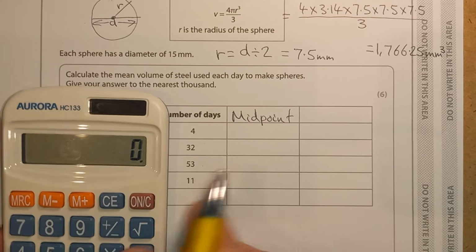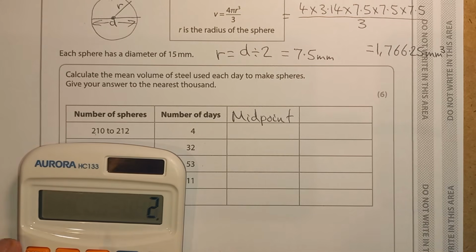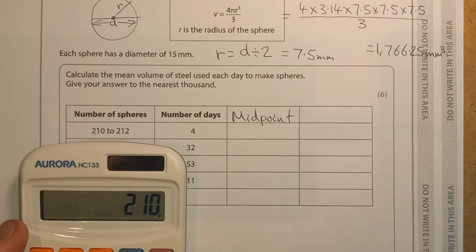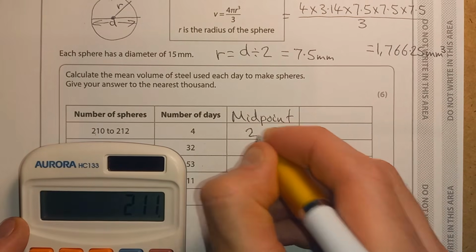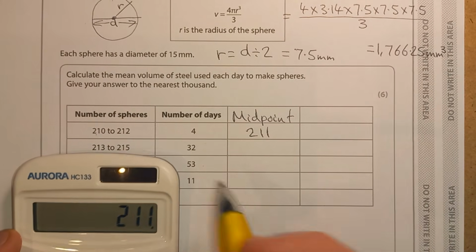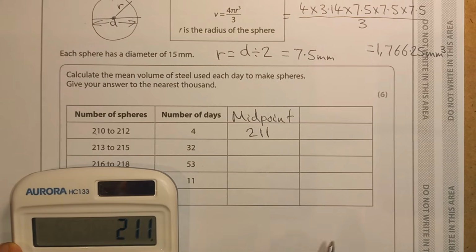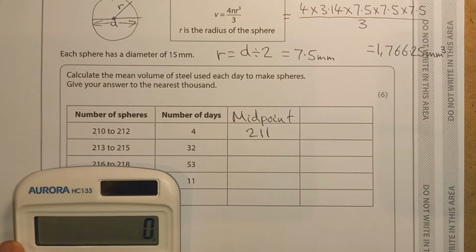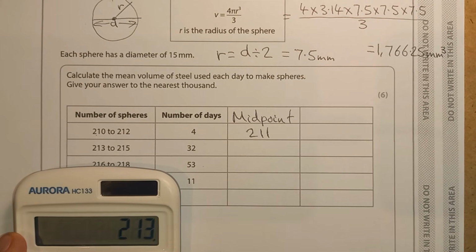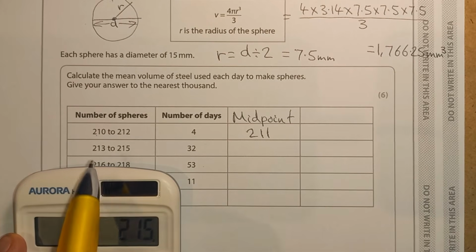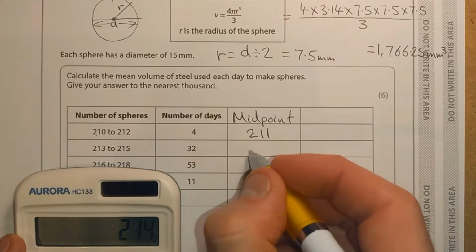The way we can do that is to take the starting figure, add the ending figure, and then divide by 2 to find the middle. Now you might just be able to look and say, oh, I can see 211 is halfway between, which is fine. But if you can't, or if you want to be sure, then add the starting point and the end point together, and divide by 2.